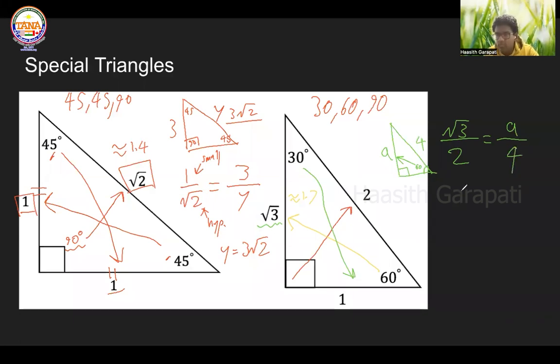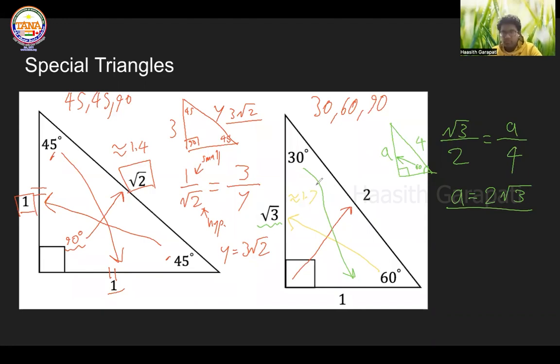If we solve this, we get 2√3. I'm just checking my math. Yeah, 2√3. So we know that that's the length of side a.